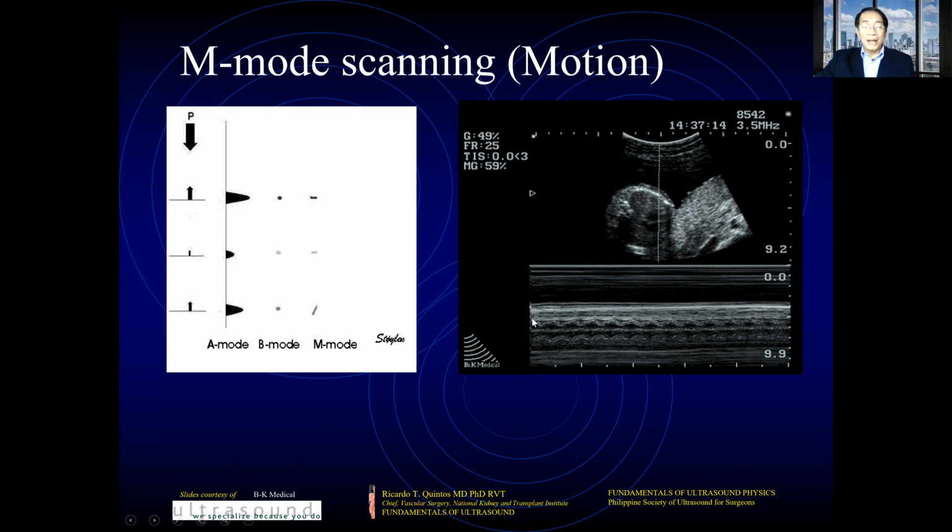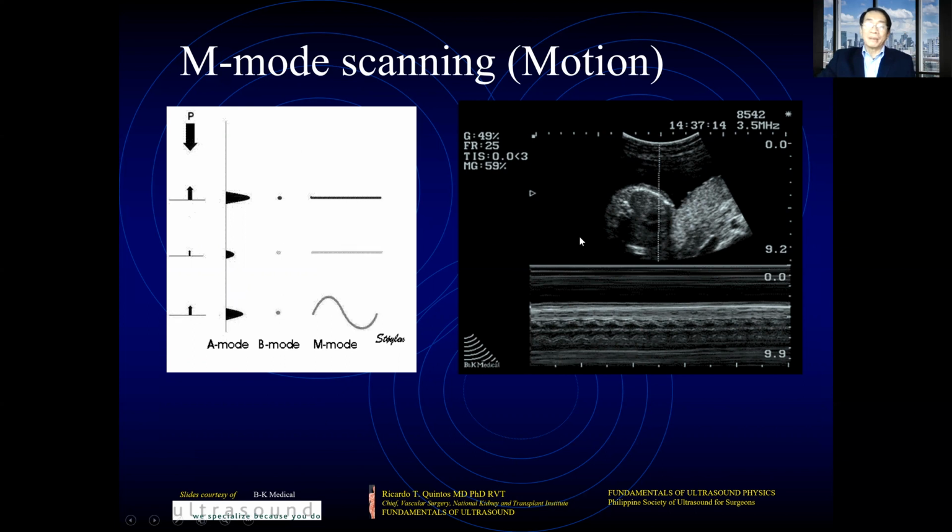If you run that across the dimension of time, you will see the movement of the organ of interest elongated across a time dimension.